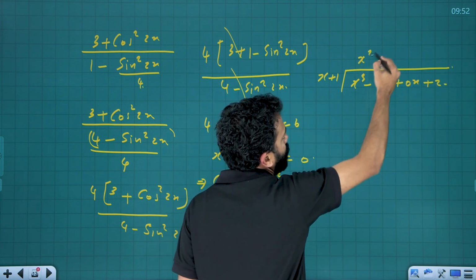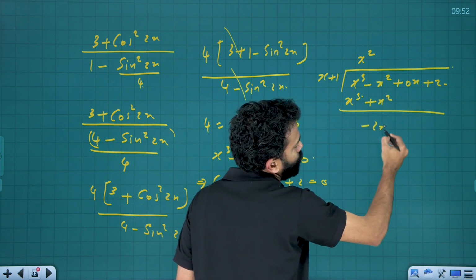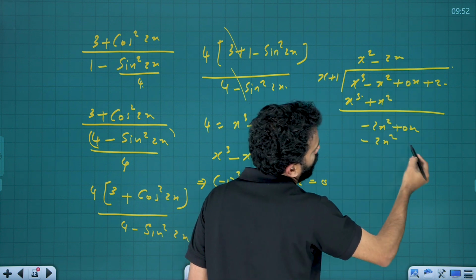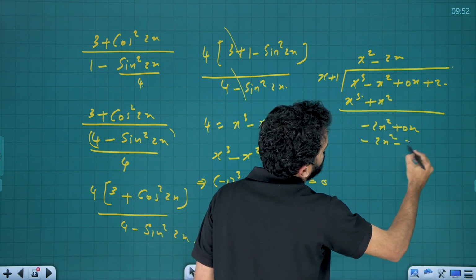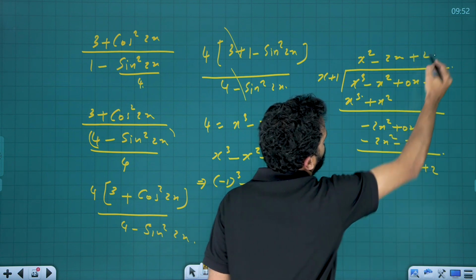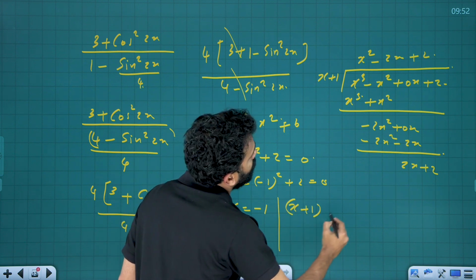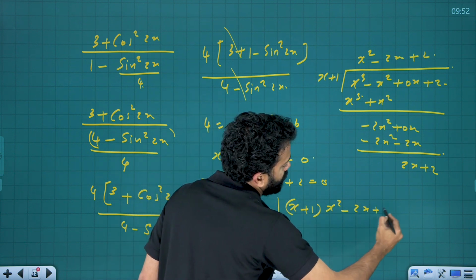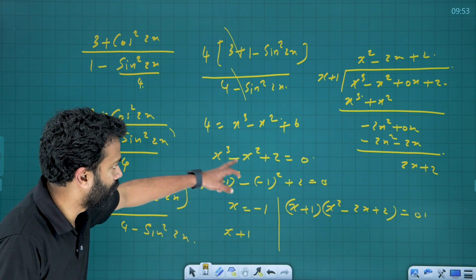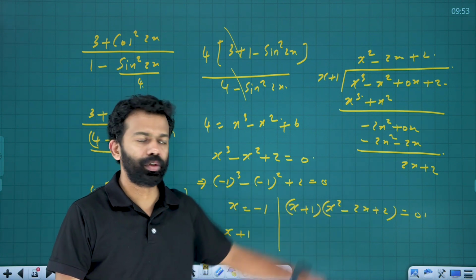Therefore, it will be x square here, that is x cube plus x square, that is minus 2x square plus 0x, that is minus 2x square minus 2x, that is 2x plus 2, that is plus 2. Therefore, this can be written as x plus 1 into x square minus 2x plus 2 equal to 0. So, this cubic equation x cube minus x square plus 2 can be written as x plus 1 into x square minus 2x plus 2 equal to 0.